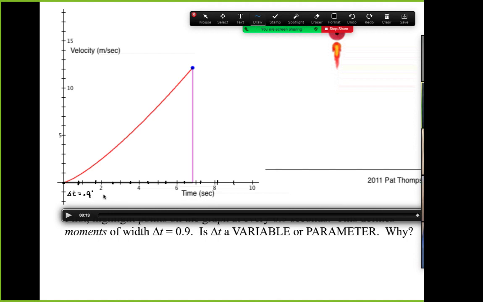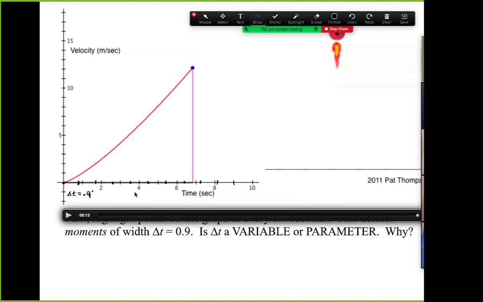What makes it a parameter? Is it because it could take on a different value if we assigned it to? Yes, it has to do with that. Will it take on a different value? No, only if we change the situation, right? So a parameter is constant in the current situation.